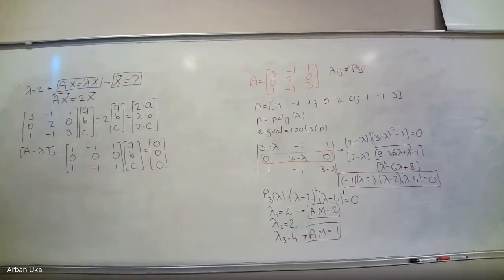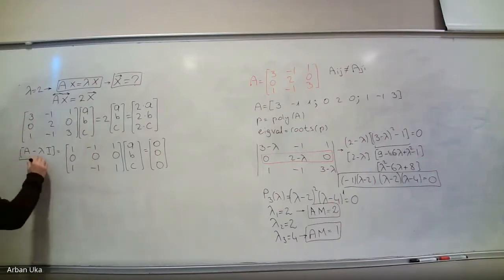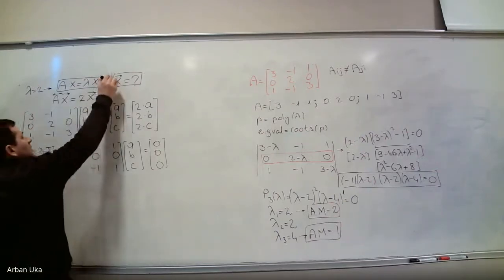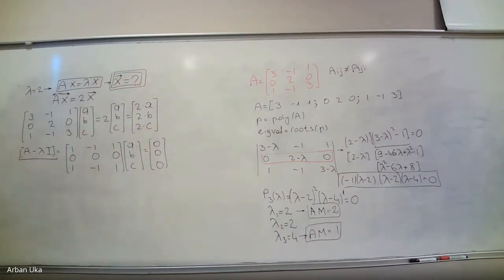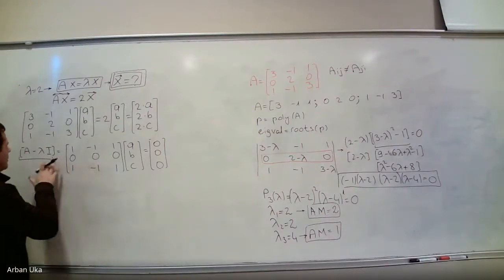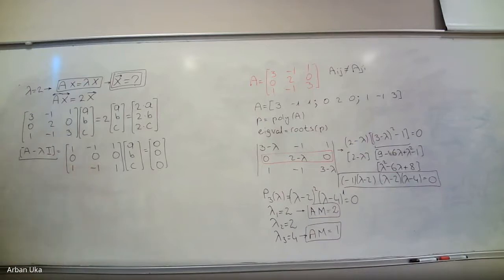So clearly we're trying to obtain the null space of A minus lambda I, because we are looking for a vector x, the eigenvector, in the null space of this expression. For this matrix, we try to obtain the reduced row echelon form.